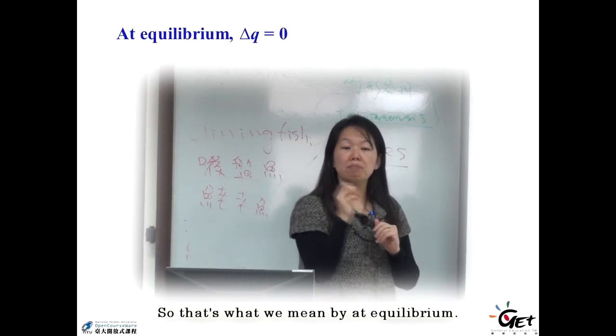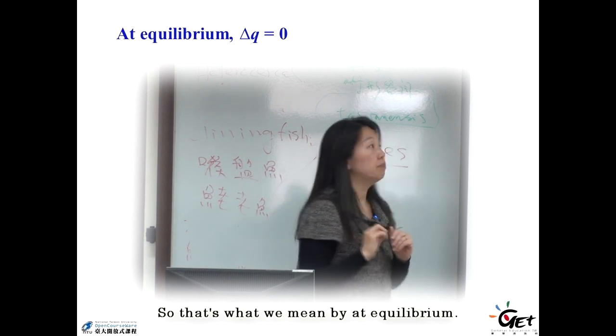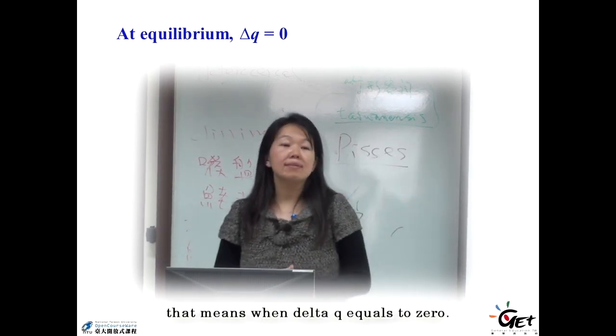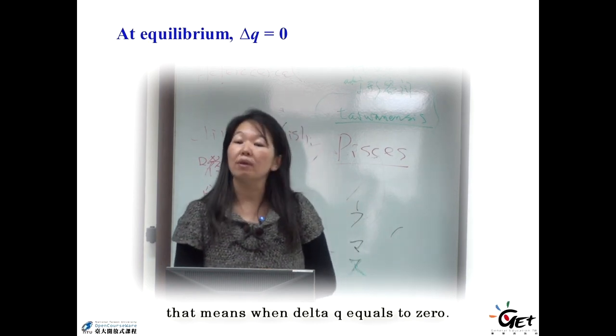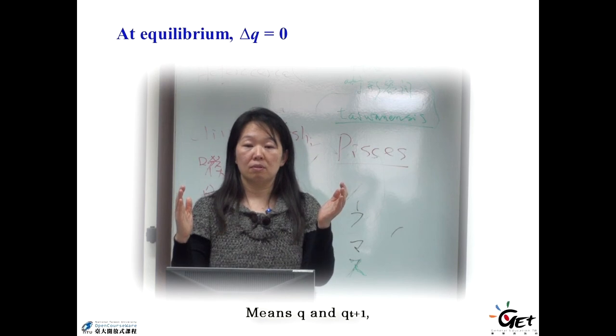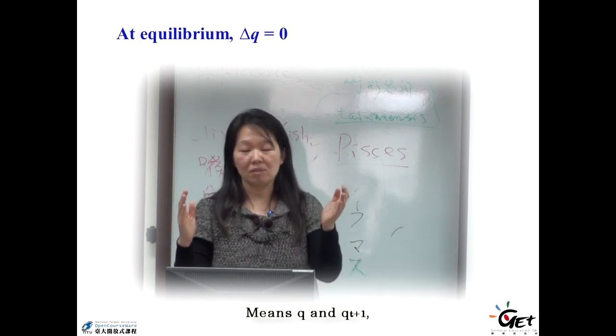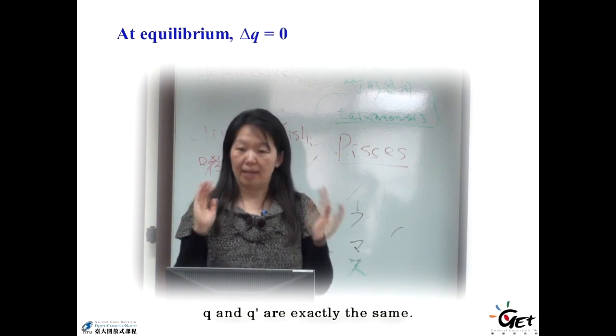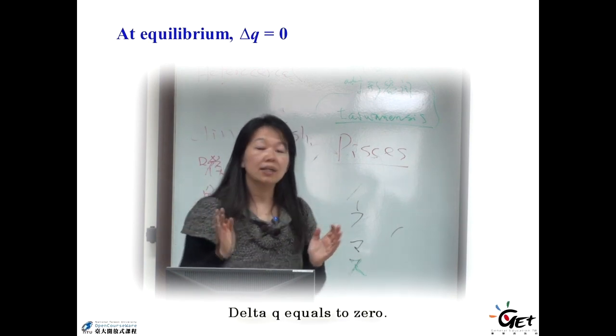That's what we mean by equilibrium: when delta Q equals 0, meaning Q and Q_t+1, or Q and Q prime, are exactly the same.